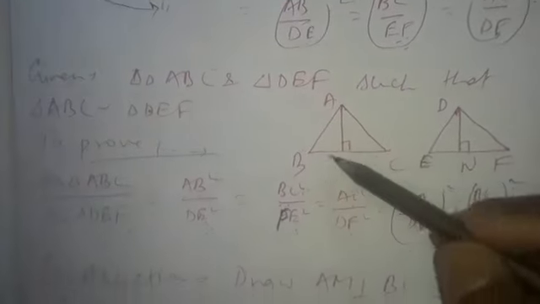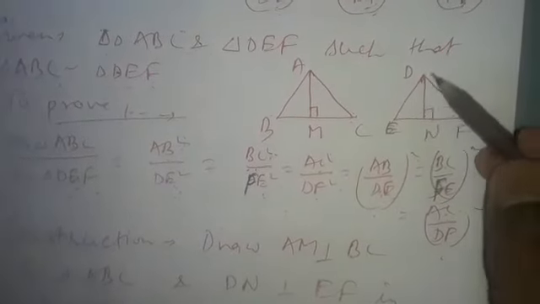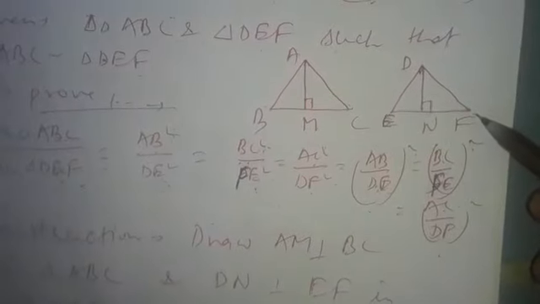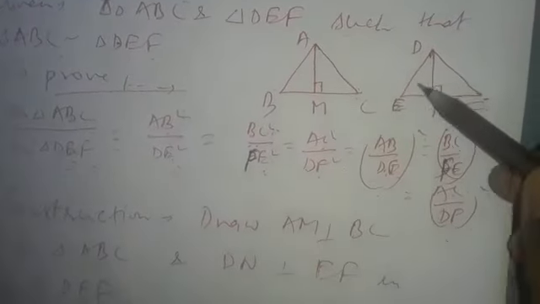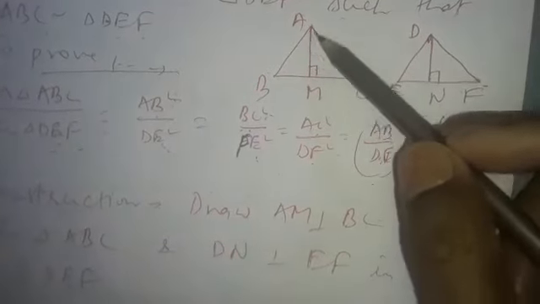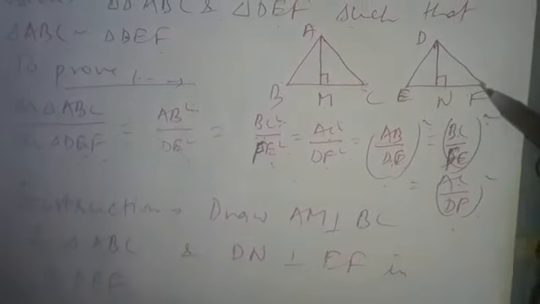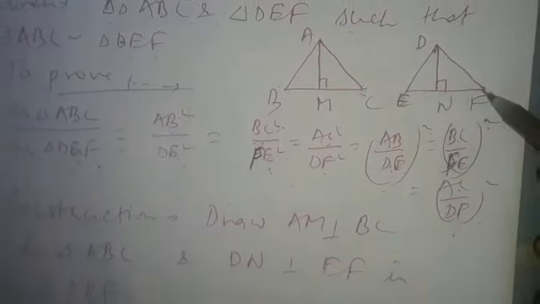From A to BC we have drawn perpendicular AM on BC, and perpendicular DN on EF. Now we can say that area of triangle ABC is equal to half of base BC into corresponding altitude AM. Similarly, area of triangle DEF can be expressed as half of base EF into corresponding altitude DN.